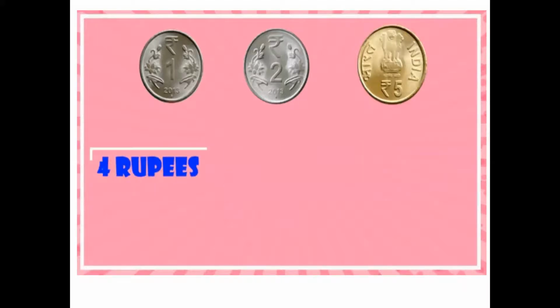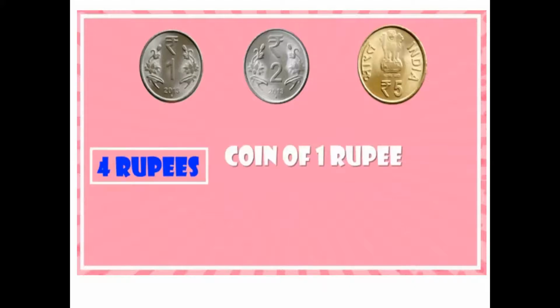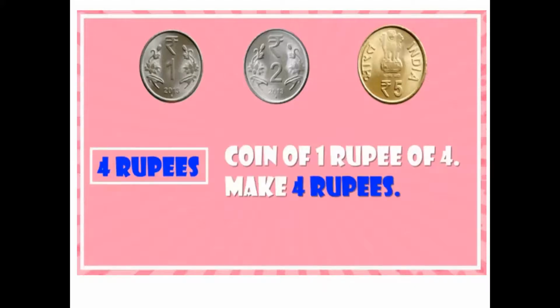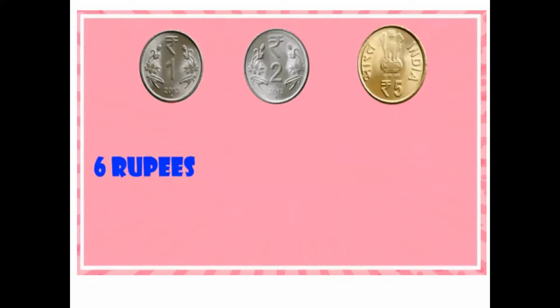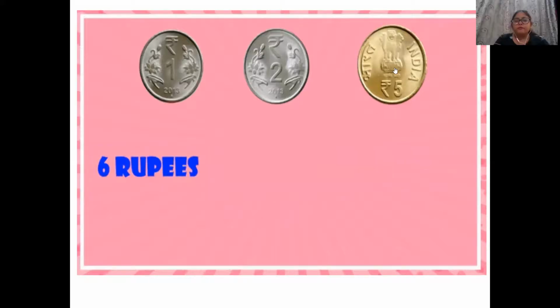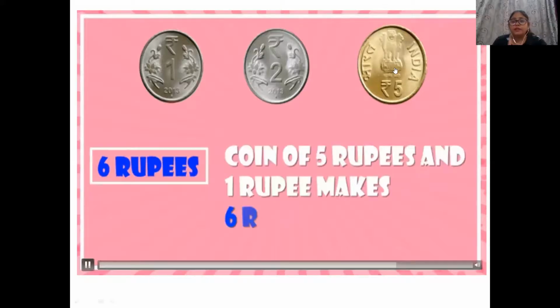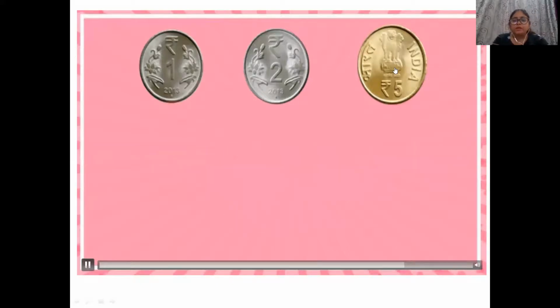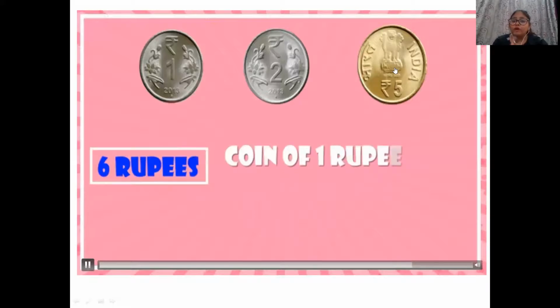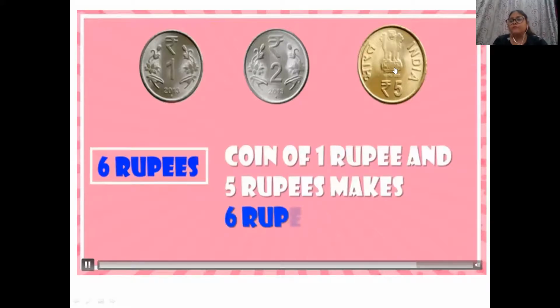Again 4 rupees, 4 coins of 1 rupee, then it makes 4 rupees. Now 6 rupees. If you have a coin of 5 rupees and 1 rupee, then it will make 6 rupees. Again 6 rupees, when you have a coin of 1 rupee and 1 coin of 5 rupees, then they make 6 rupees.